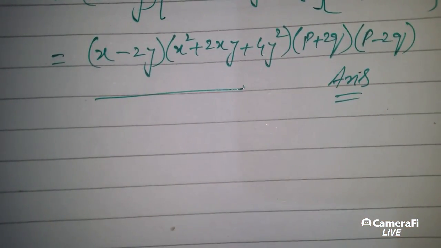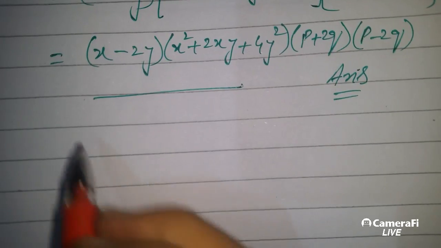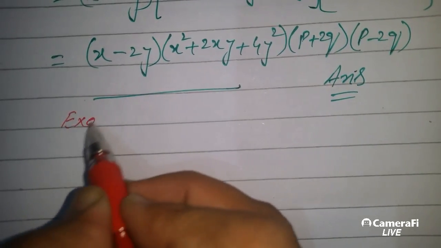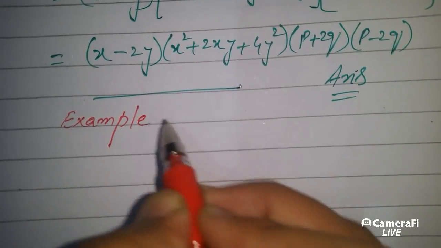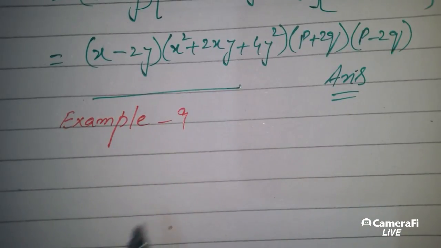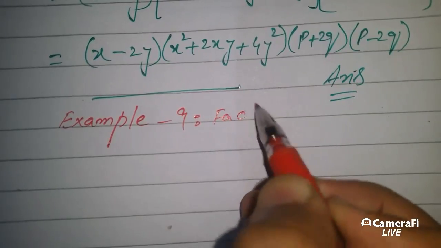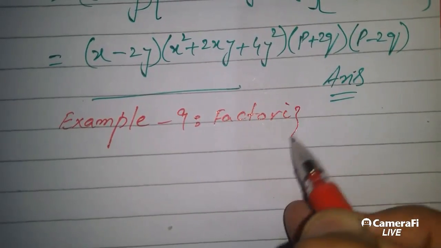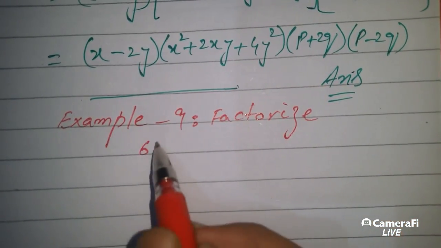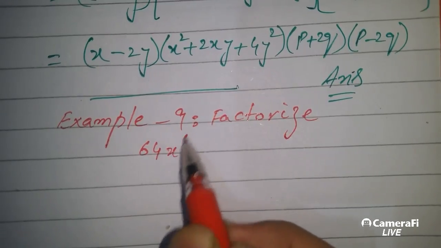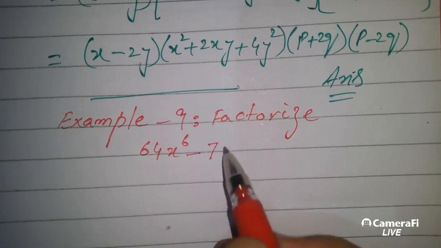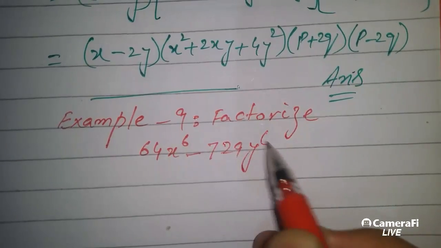The next question is example number 9. Factorize 64x power 6 minus 729y power 6.